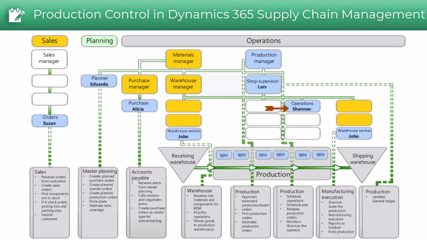Lars, the production manager, and Shannon, the operations manager, schedule the jobs, release the production order and supervise the workers. For example, in our car factory, Lars decides which assembly lines build the SUVs and which one builds the sedans. These are types of cars.